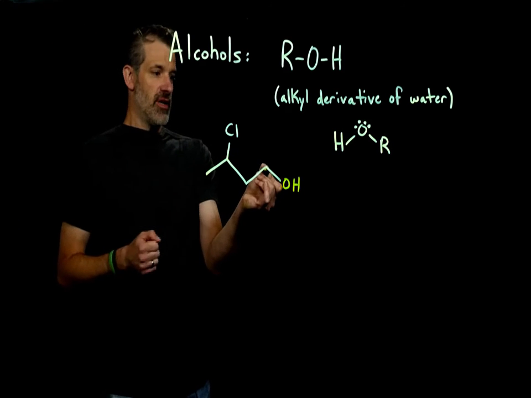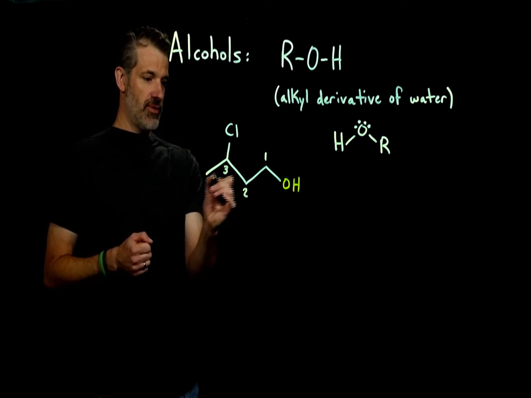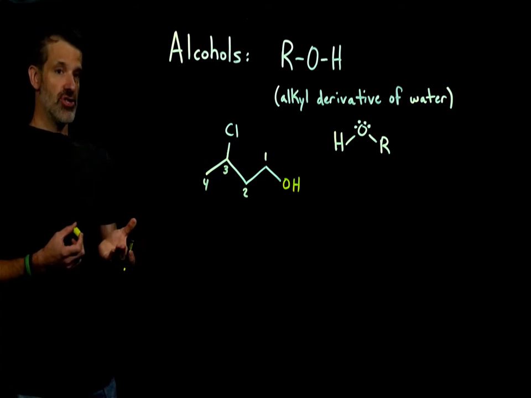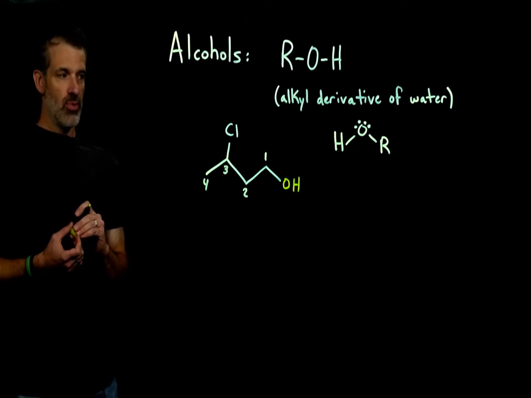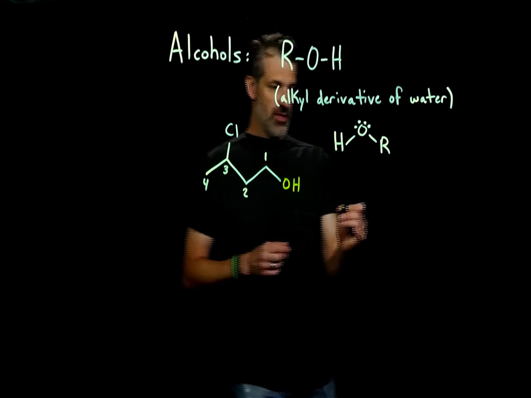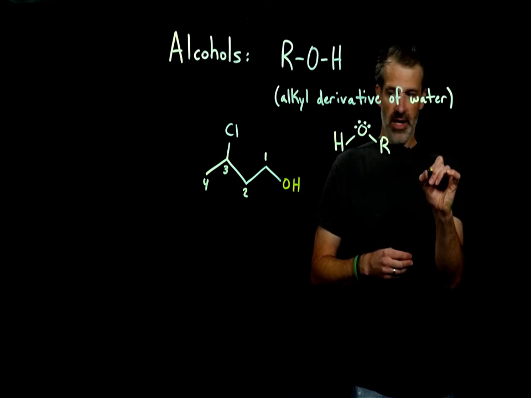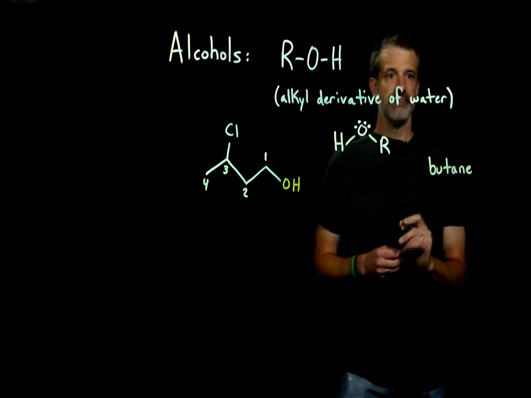Now, I can start off here at 1, 2, 3, 4. I have a 4 carbon long chain. The alcohol group is coming off of carbon number 1. A 4 carbon long chain according to my alkanes is butane.